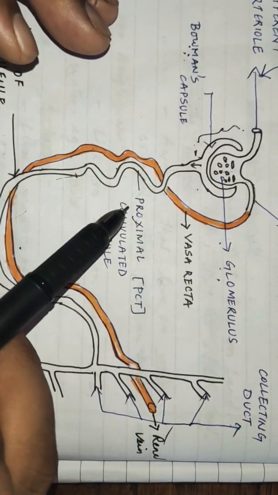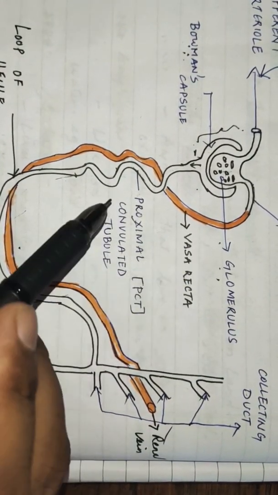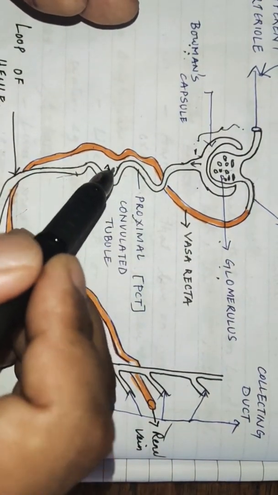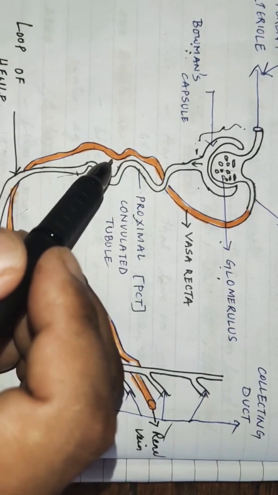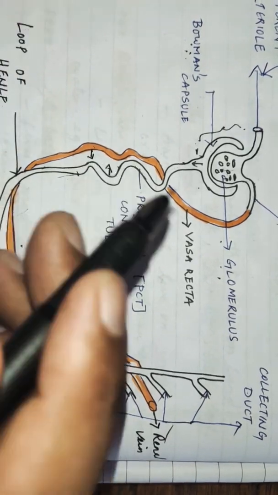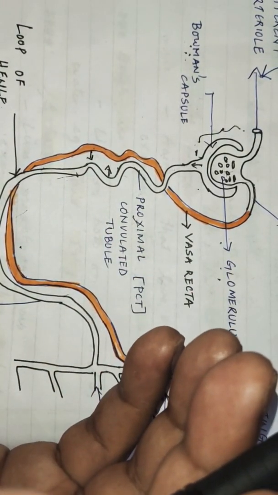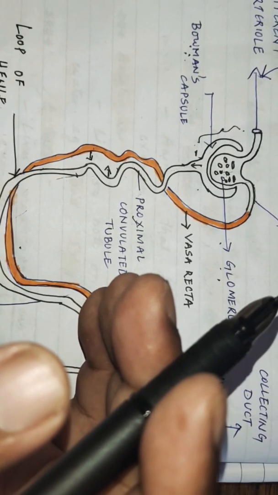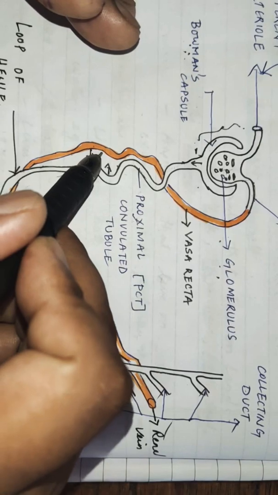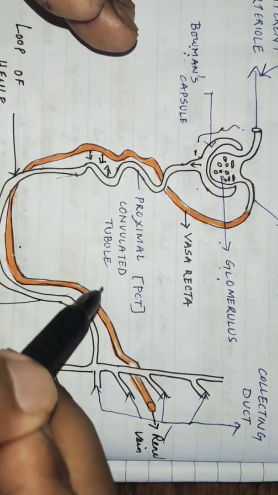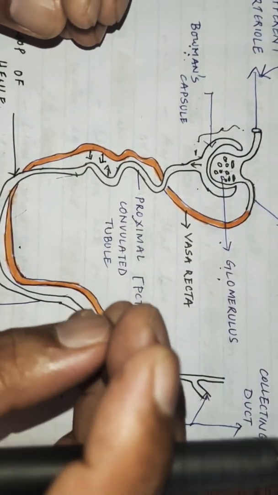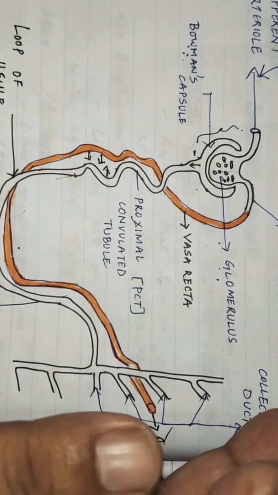Whenever there is an excess of salt and minerals to be removed from the proximal convoluted tubule, it removes them and the vasa recta reabsorbs them. This process of reabsorption between them is by diffusion.